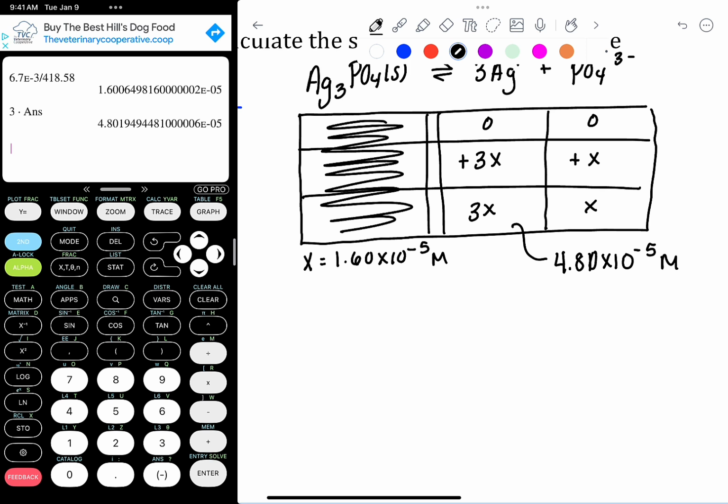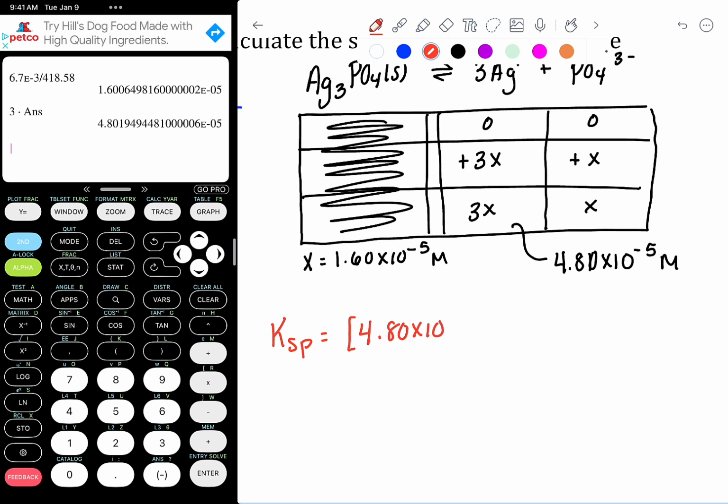Okay, so now we can plug those values in for KSP. So KSP is equal to the concentration of silver, so 4.80 times 10 to the minus 5, and then we're going to cube that, multiplied by our x value for PO4, so 1.6 times 10 to the minus 5.